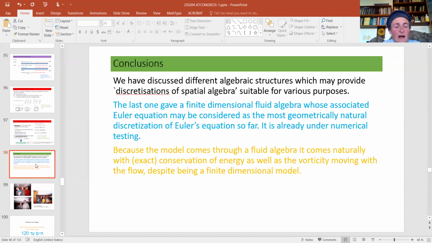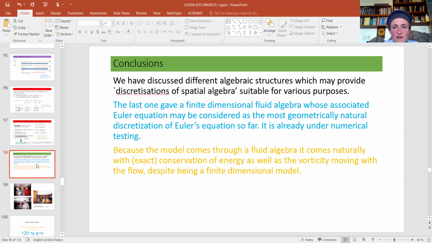And the last one gave a finite dimensional fluid algebra whose associated Euler equation may be considered the most geometrically natural discretization of Euler's equation that we have so far. We are in the process of testing it numerically.